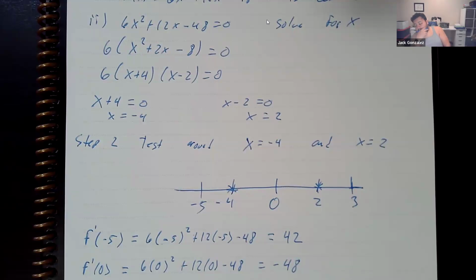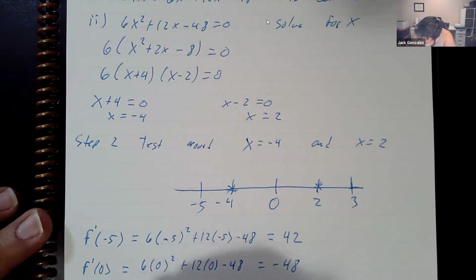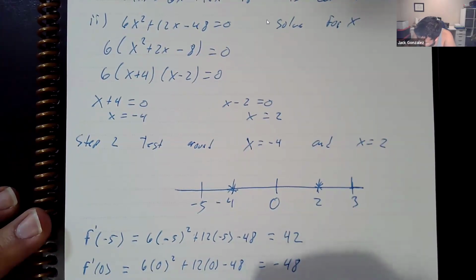Now try 3. That will be 6 times 3 squared plus 12 times 3 minus 48.